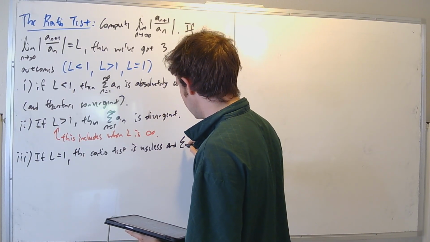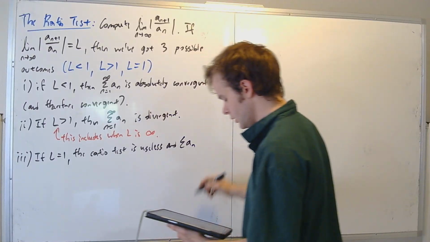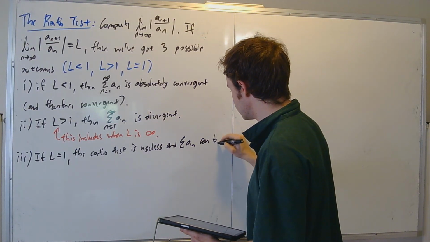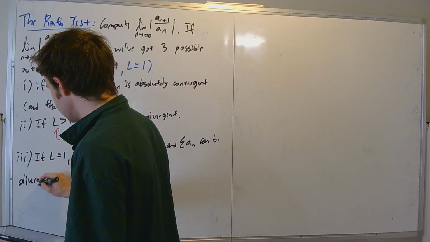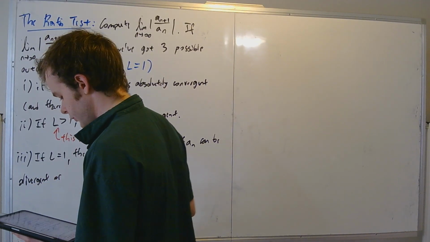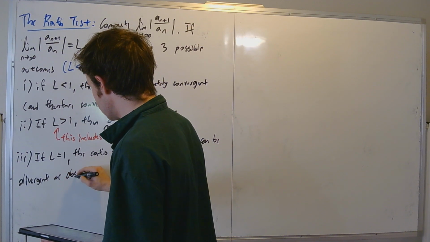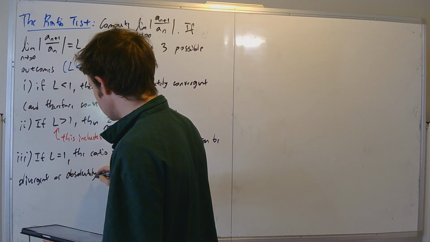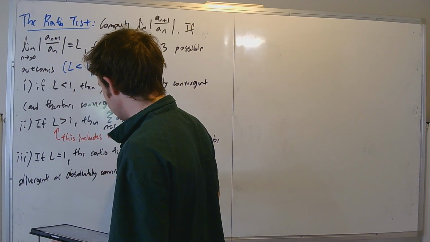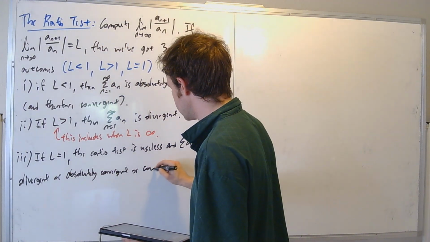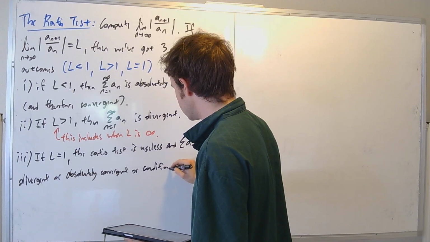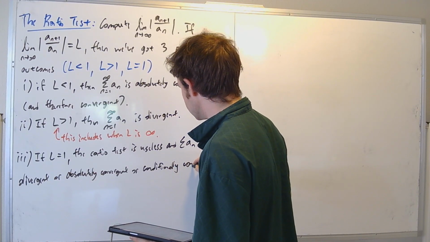And the sum of an can be divergent, or absolutely convergent, or conditionally convergent.